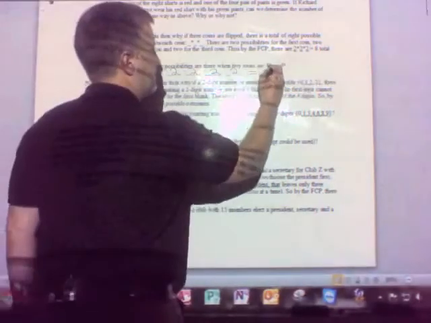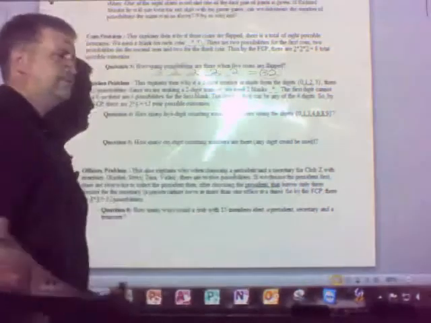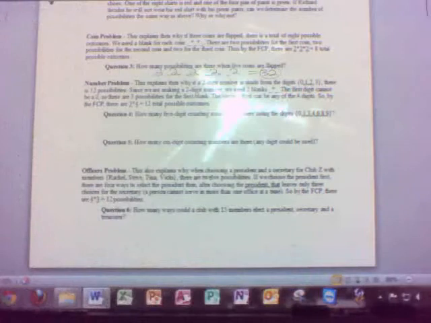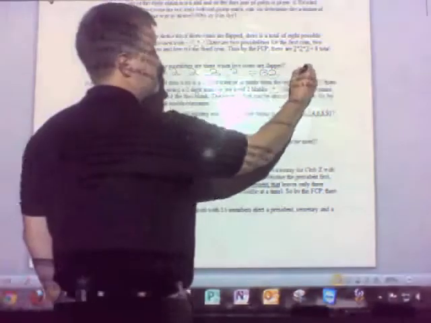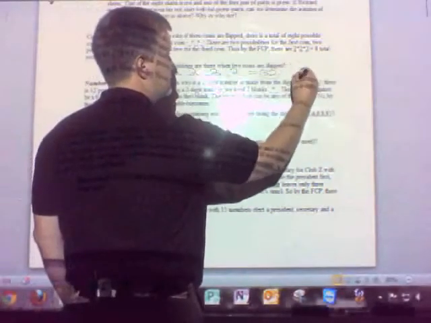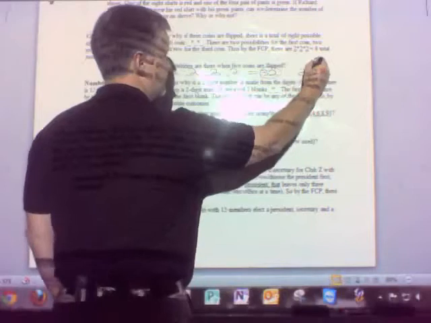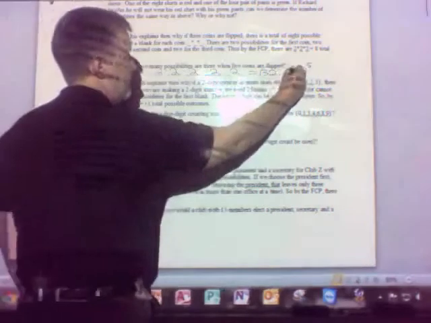How many is that? It's not 12. It's 2 times 2 times 2 times 2 times 2. How many? 32. Now, the other thing to note here is the exponential. I could write this with an exponent, couldn't I? It's 2 to the 5th power. 2 five times is 2 to the 5th power. So I could also get 32 that way if you wanted to put it as a power. Okay?